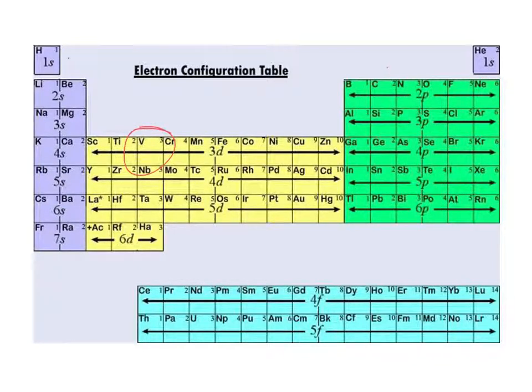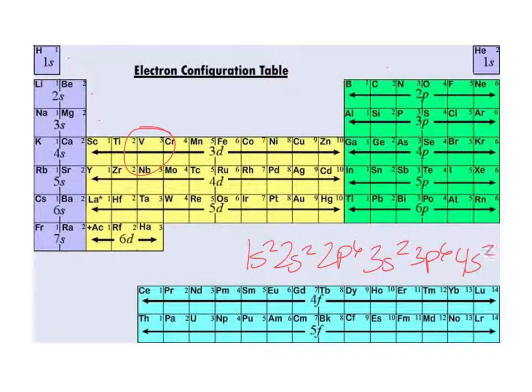Well, we know my 1s is already done, my 2s is already done, my 3s and 3p are already done. 4s is already filled because we have to fill these sequentially. So let's just write them out real quick. 1s2, 2s2, 2p6, 3s2, 3p6, 4s2. Now I'm in the 3d orbital. 1, 2, 3. 3d3. I'm done.